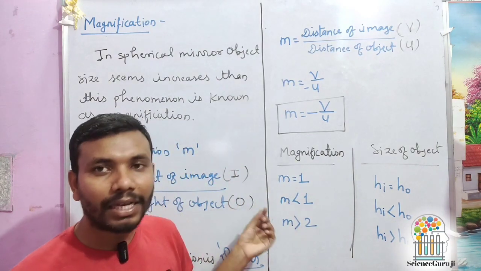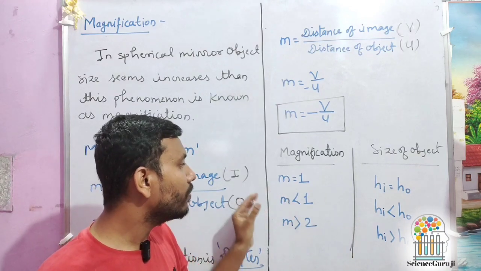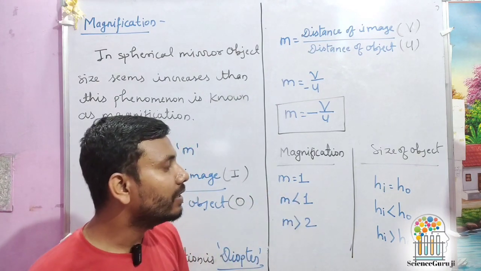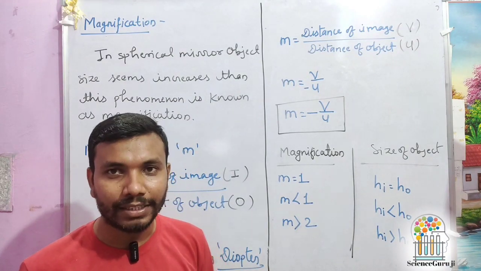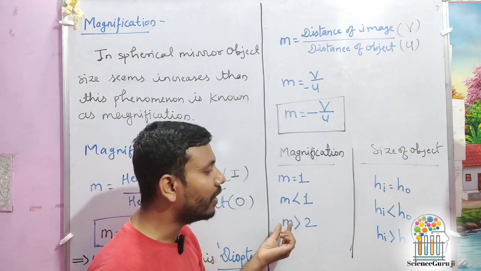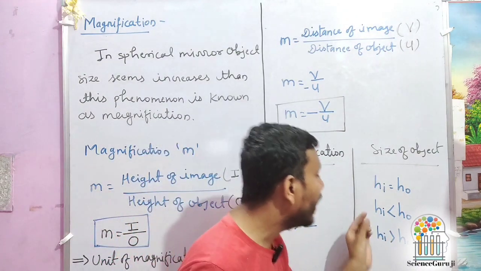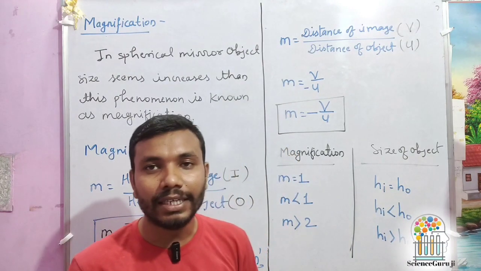Let's understand this by this chart. If the magnification of a spherical lens or mirror is equal to 1, then the height of image is equal to the height of object. If m is less than 1, then the height of image is less than the height of object.